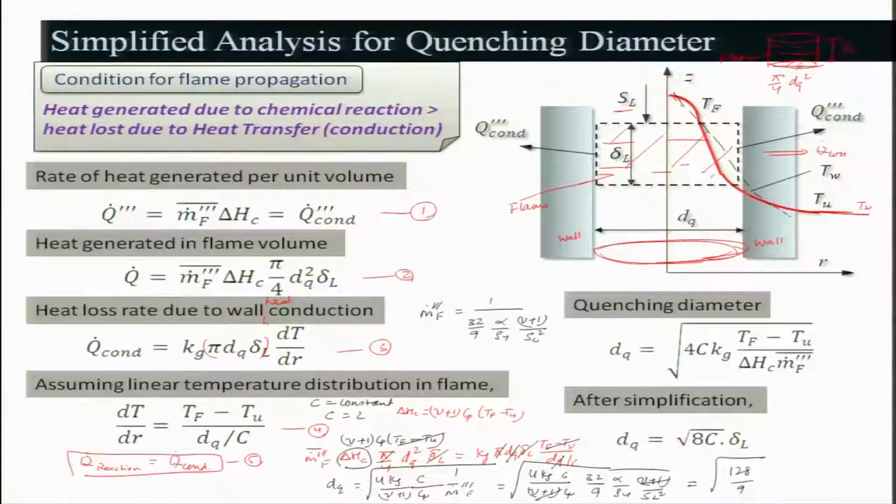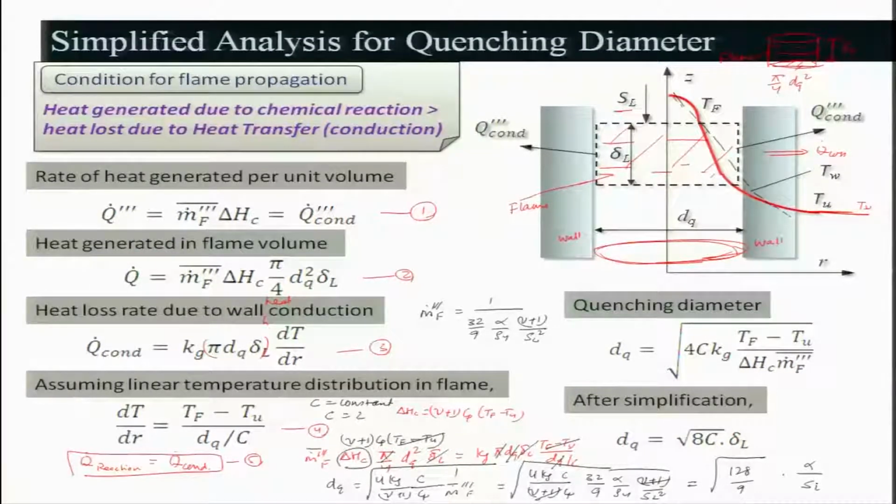So, I will get alpha by alpha square, I will get alpha by SL, right.